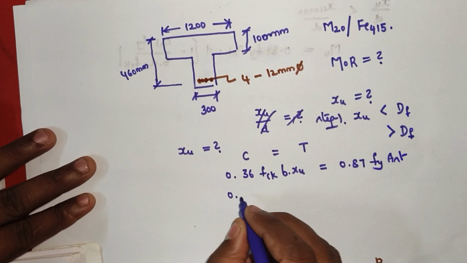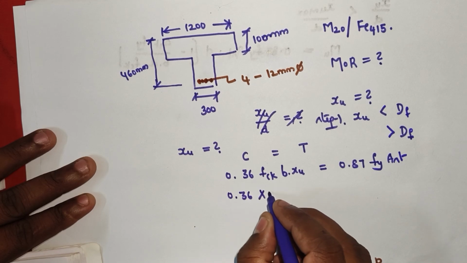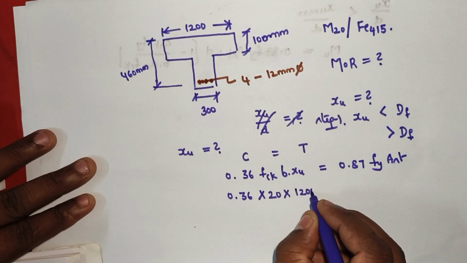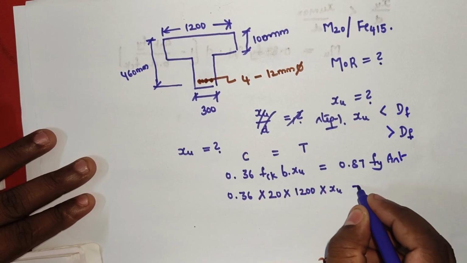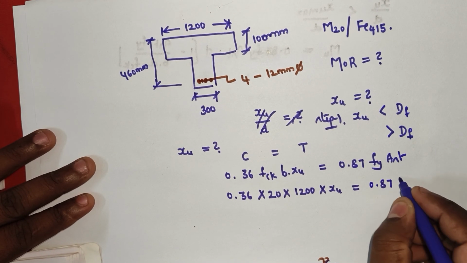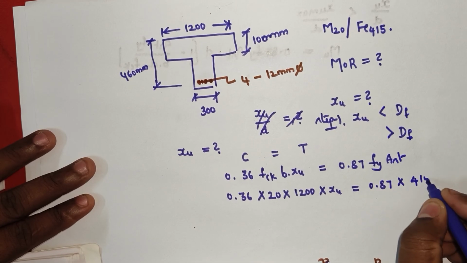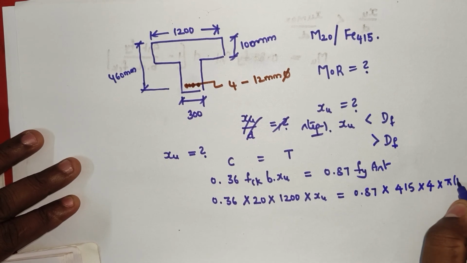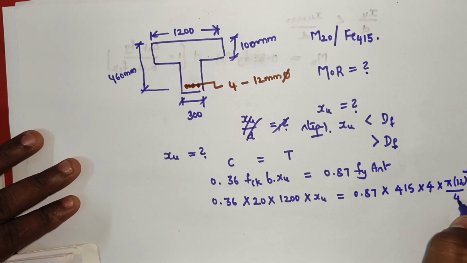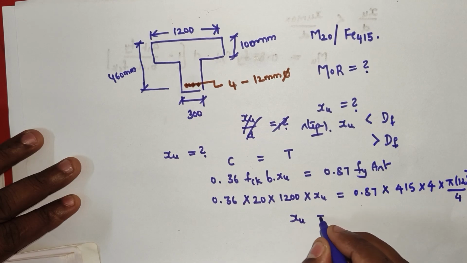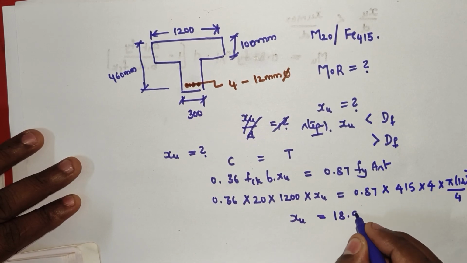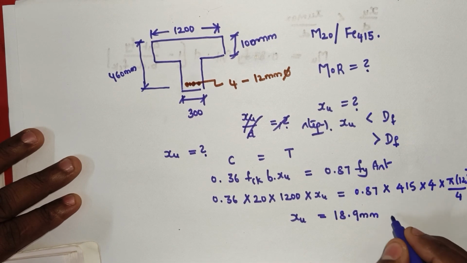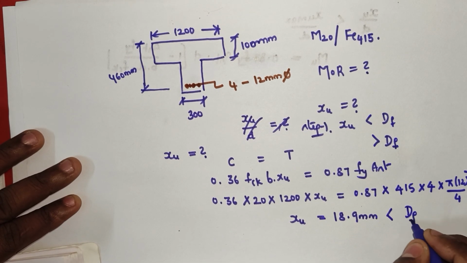Here 0.36 fck means 20, breadth means 1200, xu we need to determine, 0.87, fy is given as 415, Ast means here 4 numbers of 12 mm dia bars. Then xu will be 18.9 mm. It is less than depth of the flange.